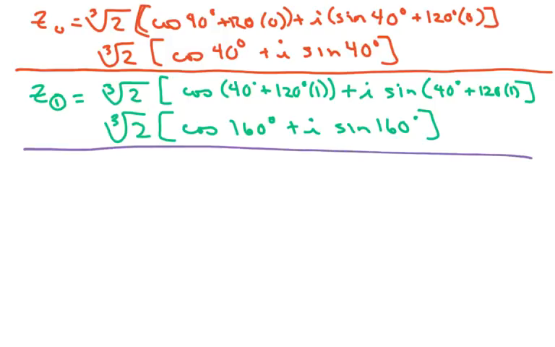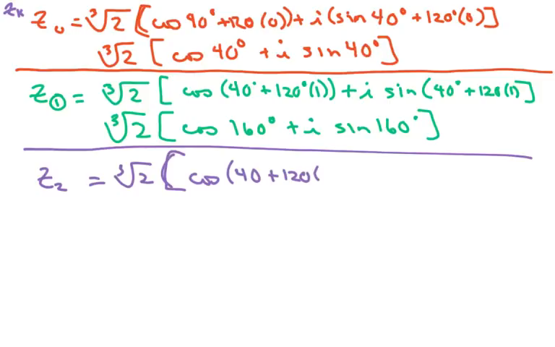So now we're going to go ahead and do z_2. And this is your k, so this is like we're doing z_k, and we have our k of 0, 1, and 2. We get cube root of 2, and it's going to be cosine of 40 plus 120 times 2. I'm not going to put the degrees, it just takes too long, okay? Plus i times sine of 40 plus 120 times 2.